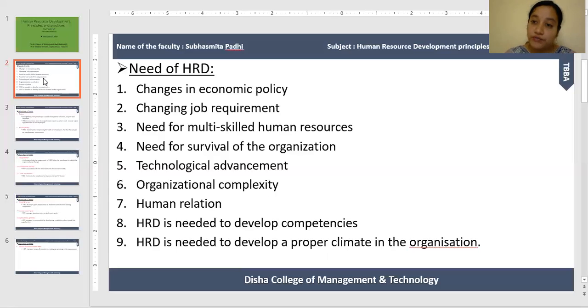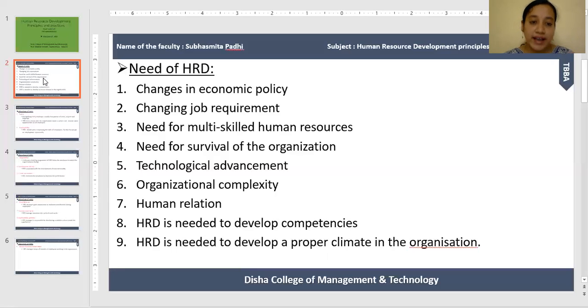If the organization wants to survive in the market, it has to work with the latest technology and methods, so it has to install the latest technology and develop its human resource to a large extent, so that they can work well with such technology and the organization can develop, grow, and prosper. So for meeting the technological requirements, the organization also wants the concepts of HRD.